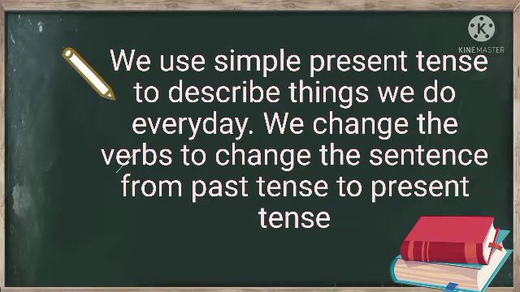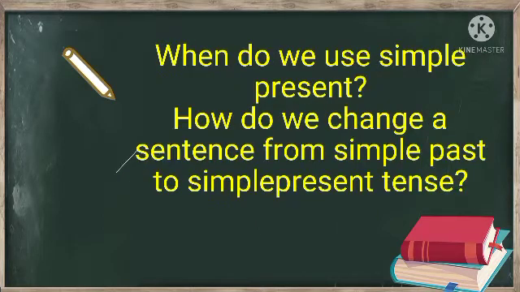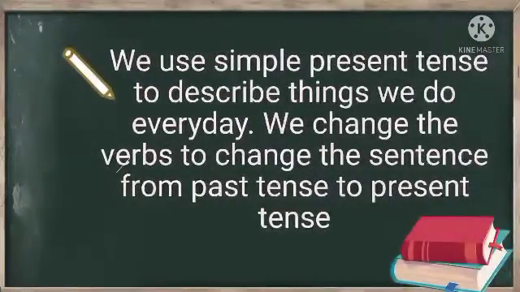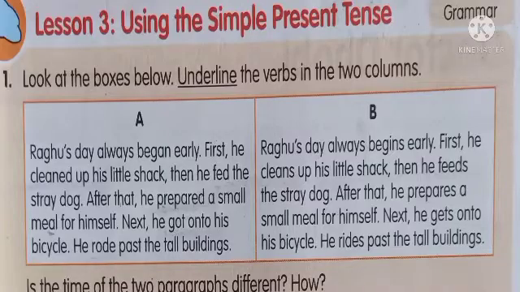To describe your daily routine, we use simple present tense. In today's class, we'll learn about this. Now tell me, how do we change a sentence from simple past to simple present tense? Yes, we change the verbs to change the sentence from past tense to present tense. This you will understand in our activity explanation.